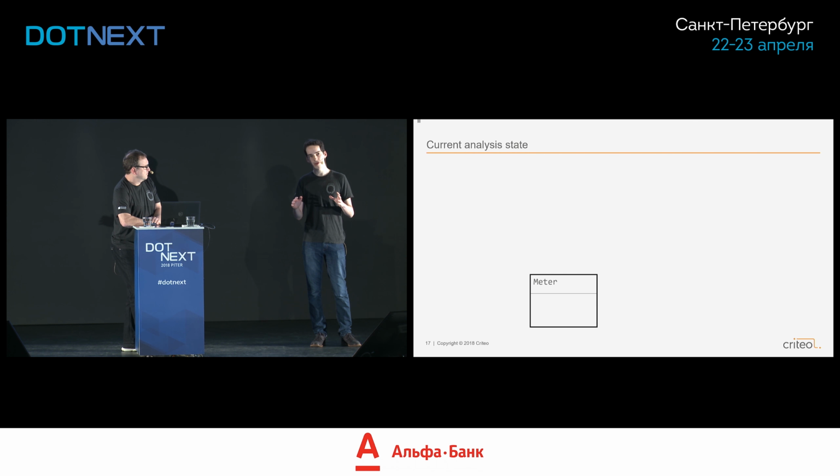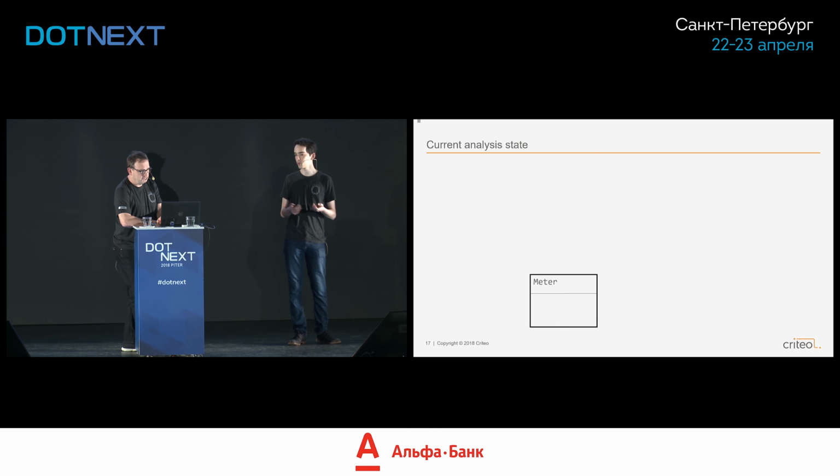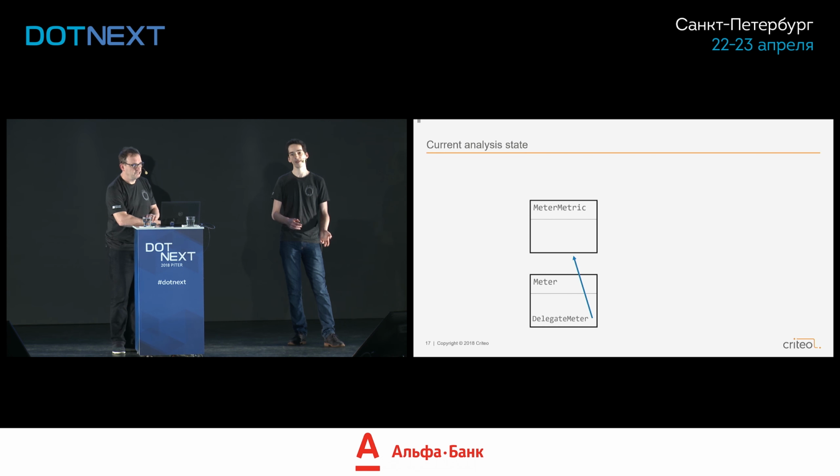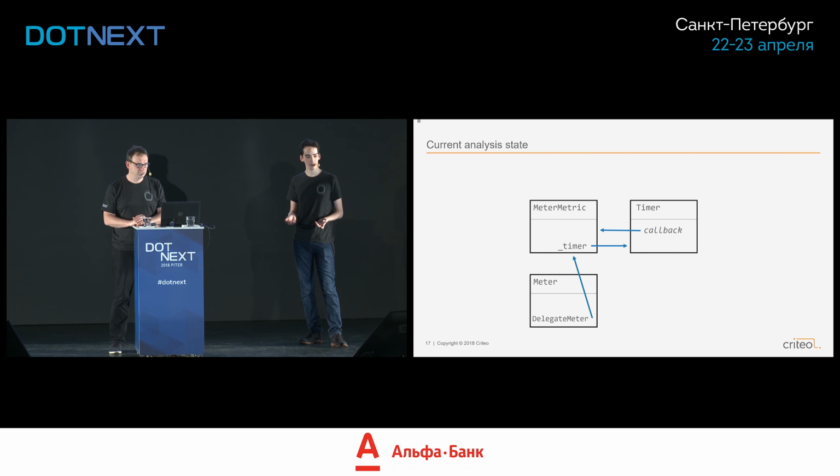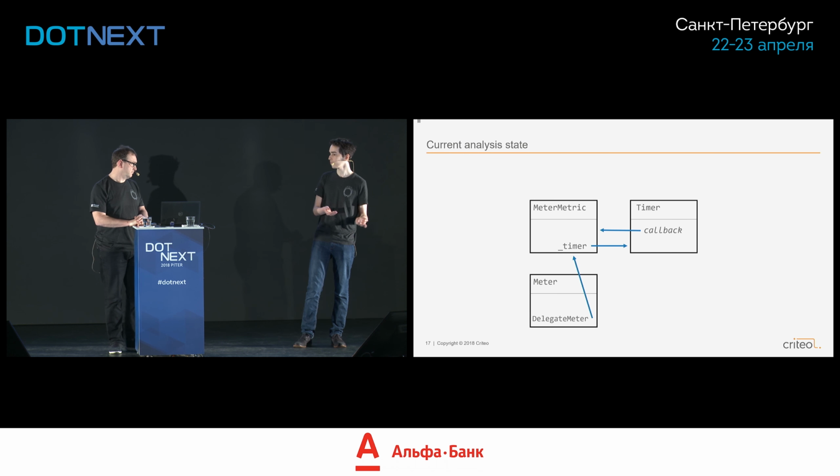Instead, we have a wrapper on top of it that is called meter. It declares a property that is delegate meter that contains the metermetric instance. And then the metermetric has an underscore timer field that contains the timer. And each time the timer ticks, it calls a method on the metermetric.